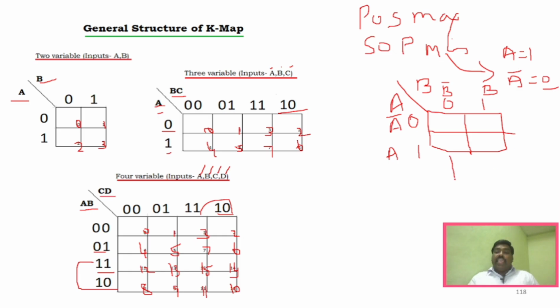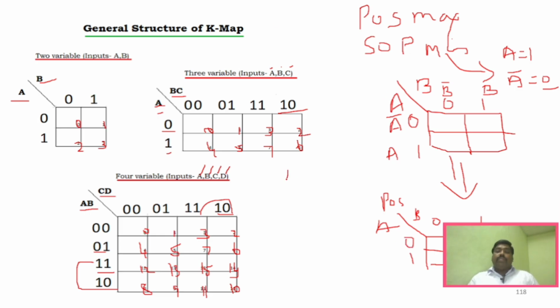And the same K-map, if I'm going to draw it for product of sum, then what will happen? The same K-map only I'm drawing, with A and B. So this is 0 and this is 1. This is 0 and this is 1. But for product of sum, what is the rule?